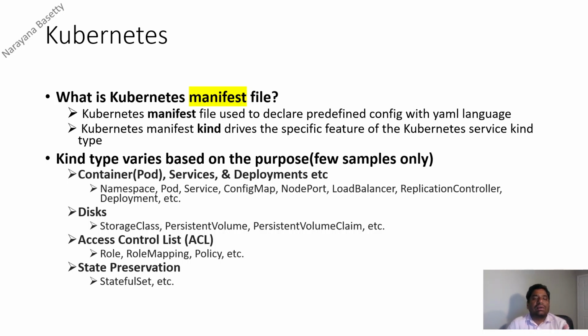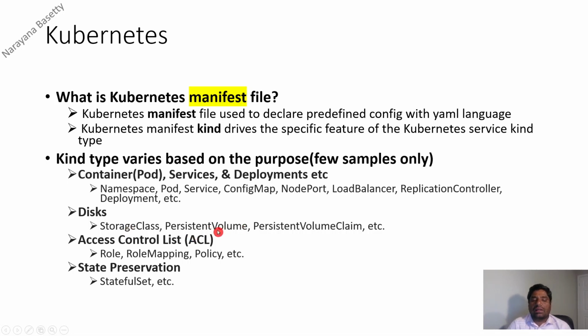Not only Java, any kind of language, C, C++, Java, whatever it is. They also have a storage class that can be used. Google GCP has its own, Azure has its own, and like that you can specify what kind of storage class.